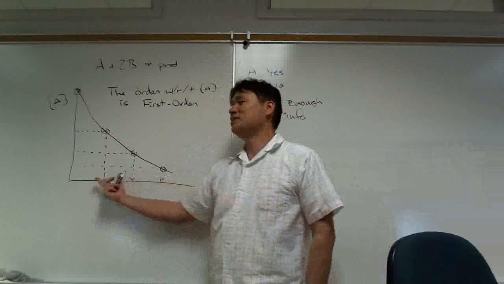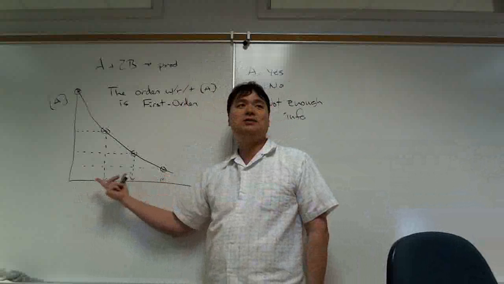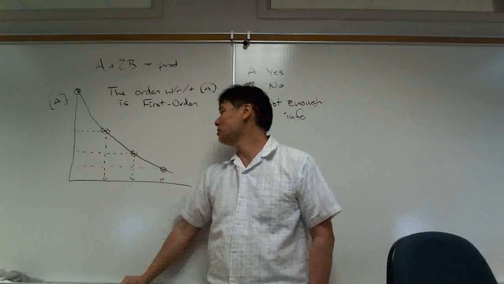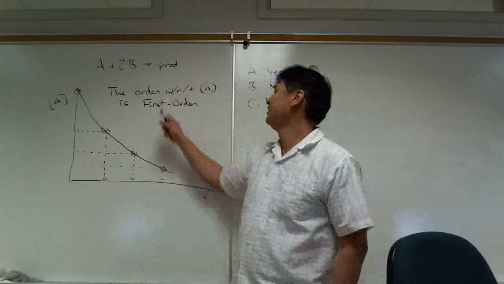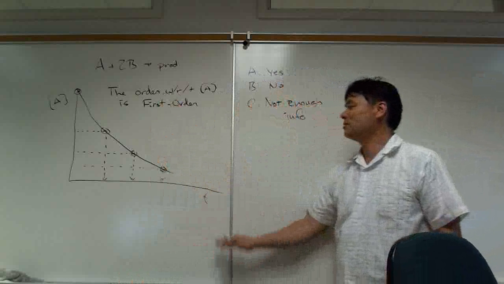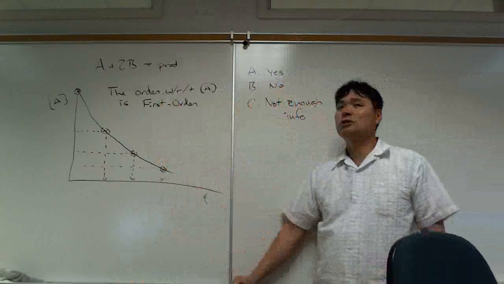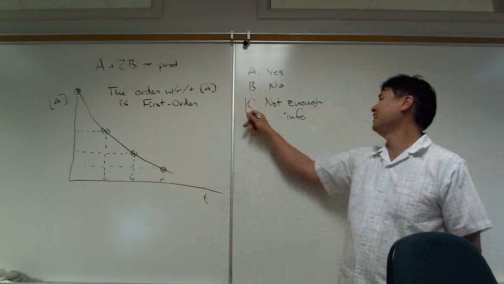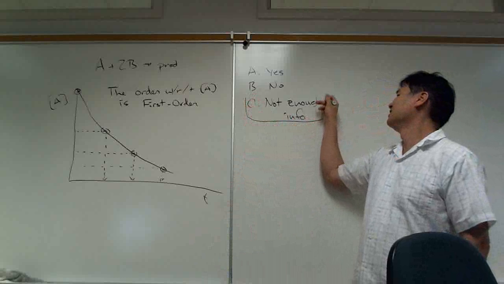Each increment is the same, roughly, which means that T1/2 is constant, which tells us it should be first order. So that makes complete sense that this looks like a first order or exponential decay. But the answer is not A. The answer is C.